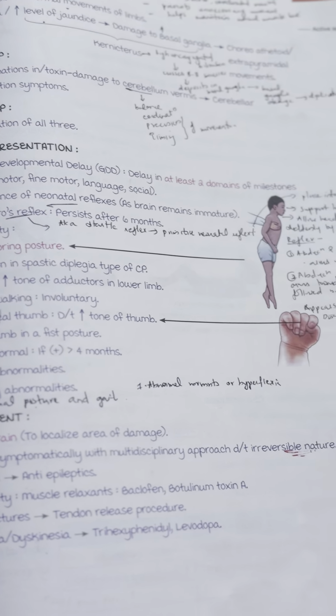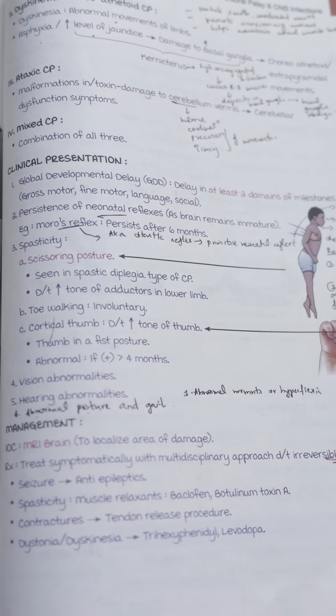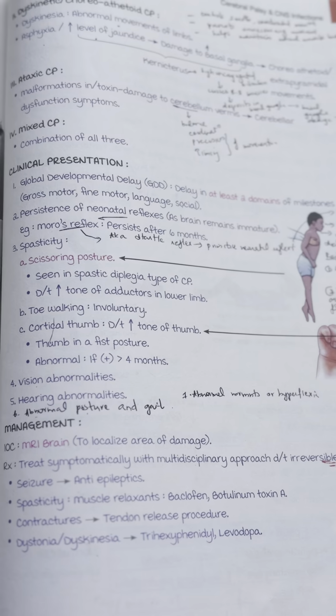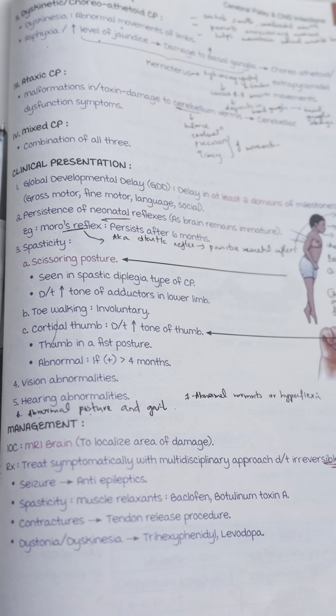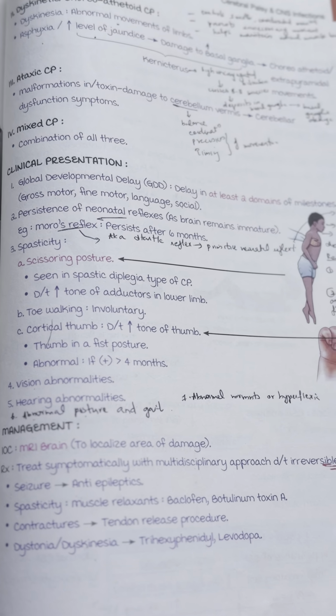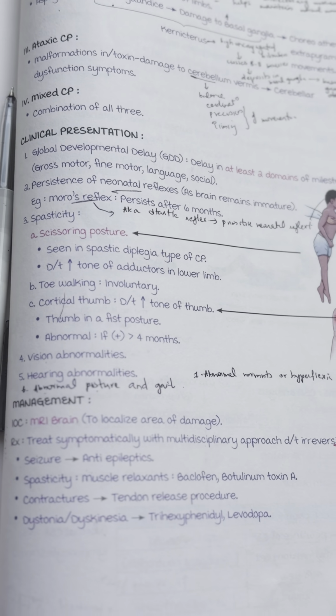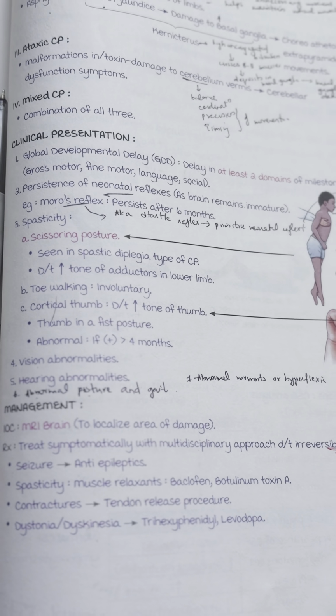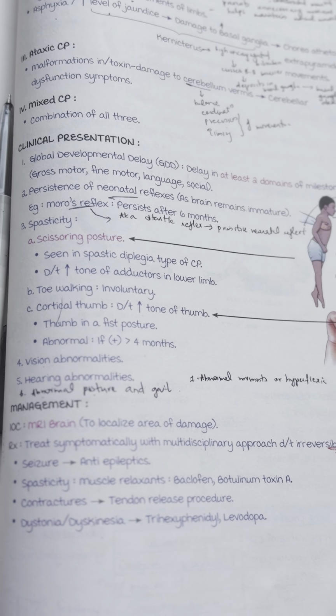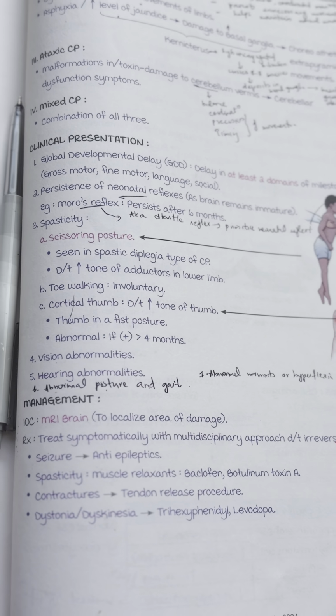Then cortical thumb, as you can see in this figure, there is a thumb in a fixed posture. This is common in small children, but if it persists beyond 4 months, it can be a clinical feature. Then vision abnormalities, hearing abnormalities, abnormal posture and gait, abnormal movements or hyperflexion. All these are examples.